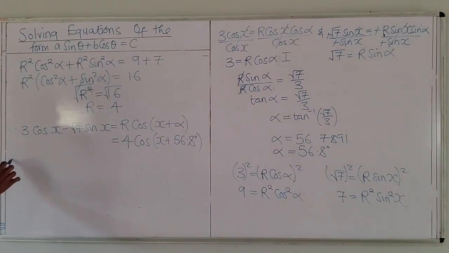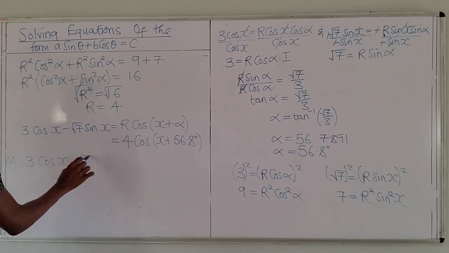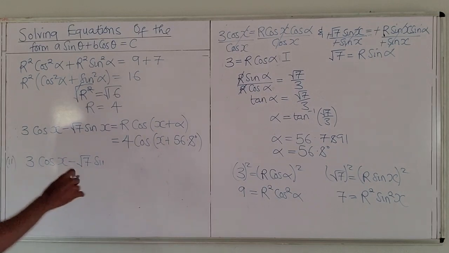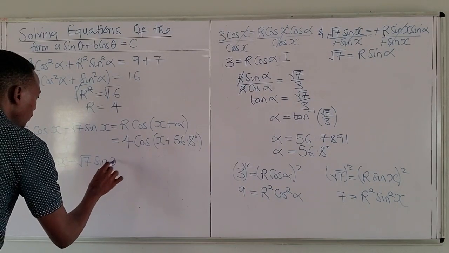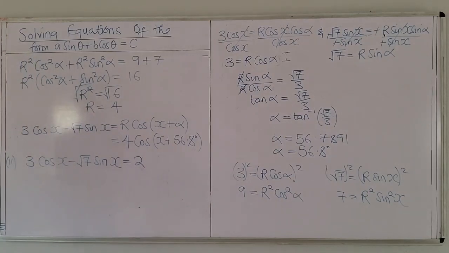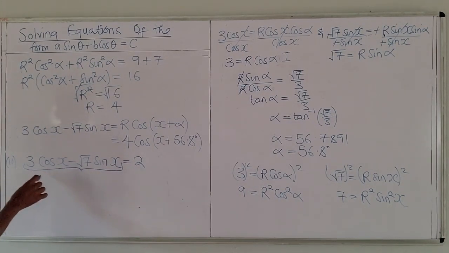Then we go to part B, where we will ask that we work out the equation, this one, equal to 2. So, dear viewers, you can see that this function here has already been found.